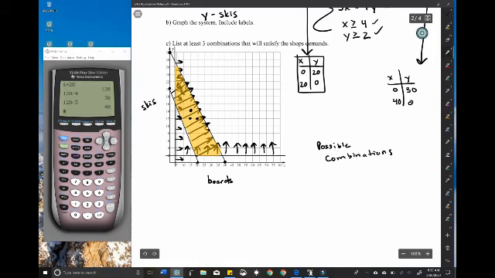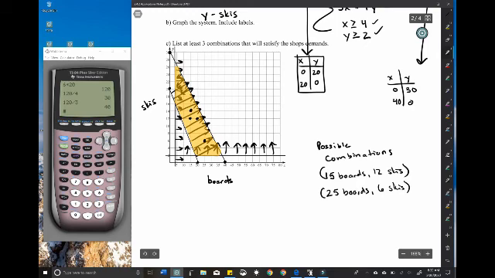So anyway, possible combinations with units are 15 to 12, 15 boards and 12 skis. You can also have 25 and 6. Okay, 25 boards and 6 skis.